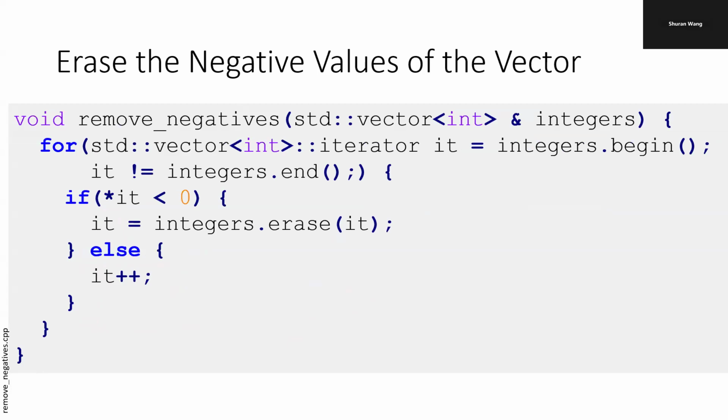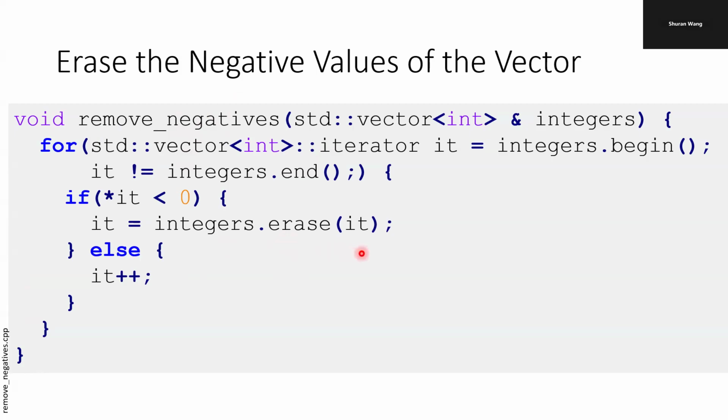Now, this is an example of how to erase a certain value inside the vector. We're using remove negatives as an example. We're checking whether it is a negative number. If it is, then we erase it using integers.erase(it).